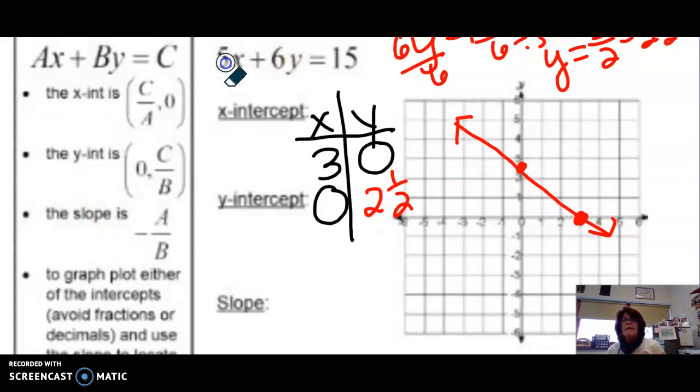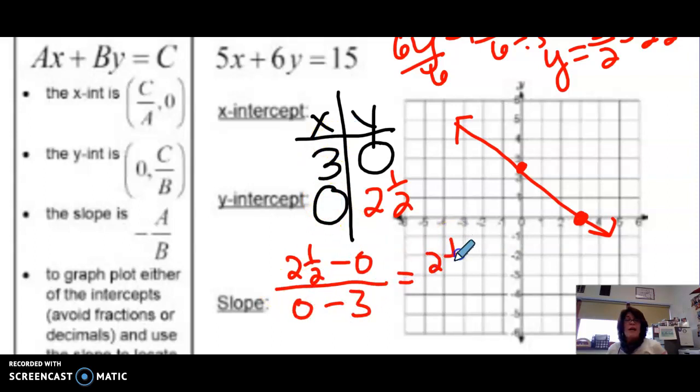Now that I have these points, I can subtract the y's, 2.5 minus 0, divided by what I get when I subtract the x's. So that's 2.5 divided by 3. If you do that on your calculator, 2.5 divided by 3, it gives you 5/6.